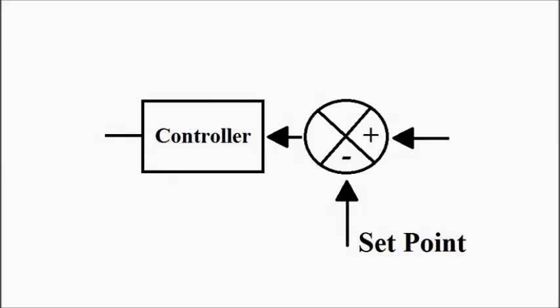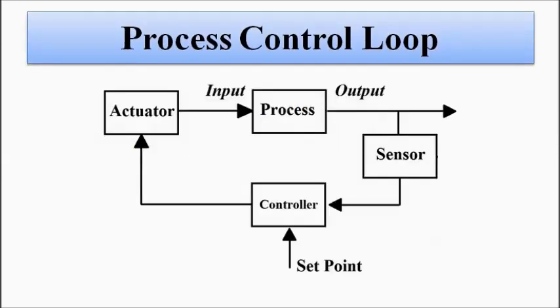That error signal is fed to the controller, and depending on the nature and magnitude of the error, the controller gives a signal to the actuator to adjust the input value, so that the actual output comes close to the output which we want, that is the set point value. This is a simple explanation of a process control loop.